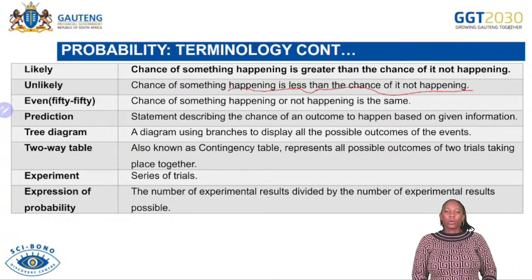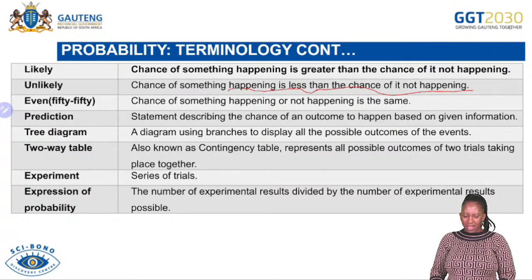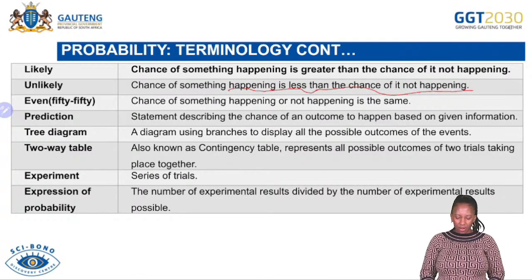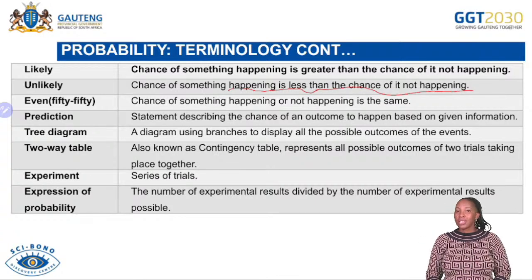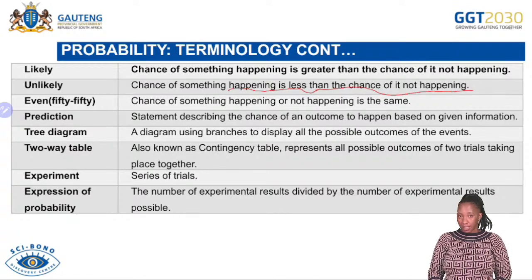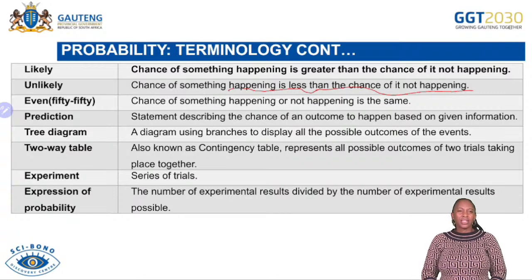So let's take, for example, going back a bit, the likelihood of something happening is greater than the chance of it not happening. If your teacher is telling you that tomorrow you might write a short test or a baseline test, then we know that if the teacher is there, there is a greater chance of us writing that test.